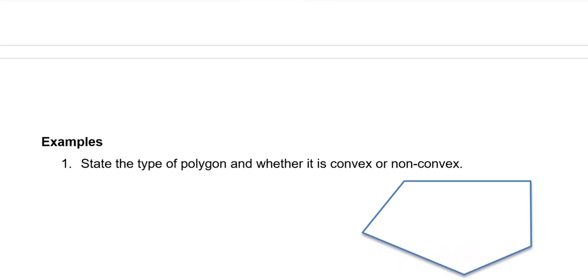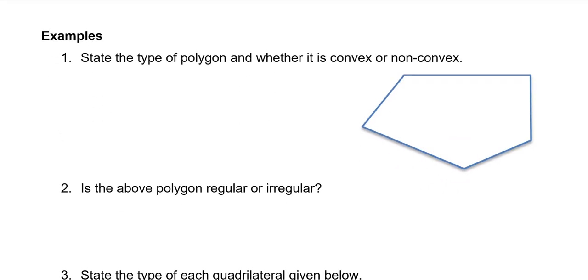Okay, so let's have a look over here at our examples. Example number 1. State the type of polygon and state whether it is convex or concave. Well, she says non-convex. So we want to name this, which means we need to know how many sides it has. If I count them up, there is 1, 2, 3, 4, 5 sides.